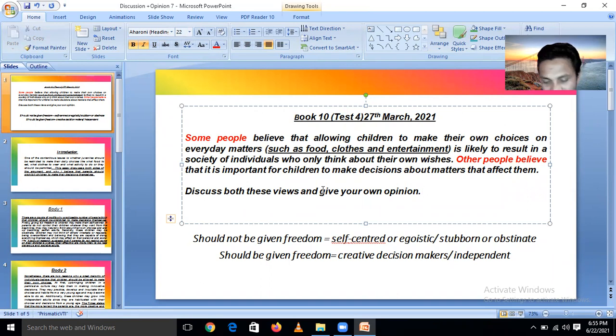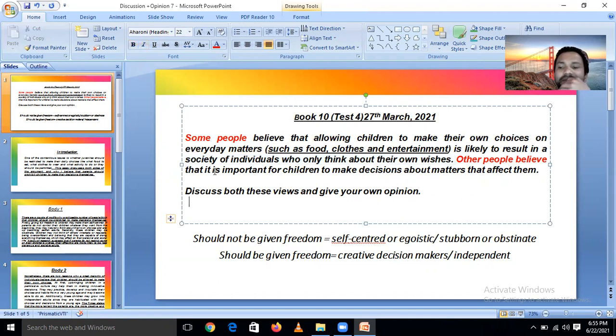Other people believe that allowing children to make their own choices on everyday matters, such as food, clothes, and entertainment, is likely to result in a society of individuals who only think about their own wishes. If allowed, they can only think about their own choices.